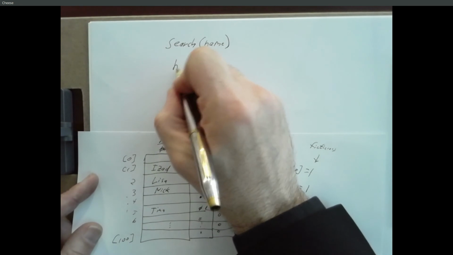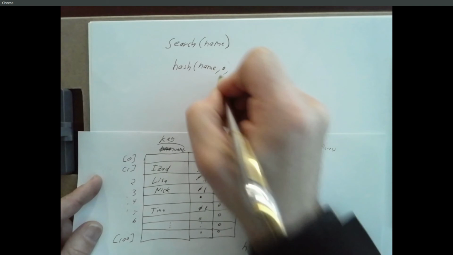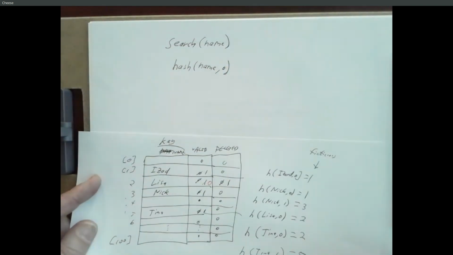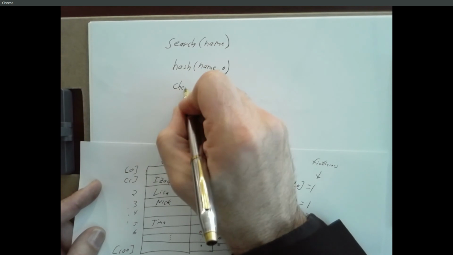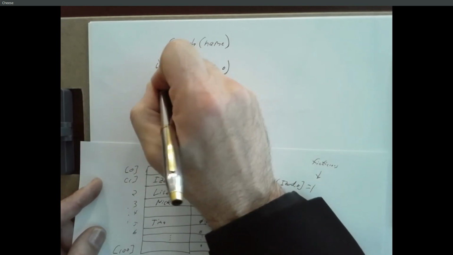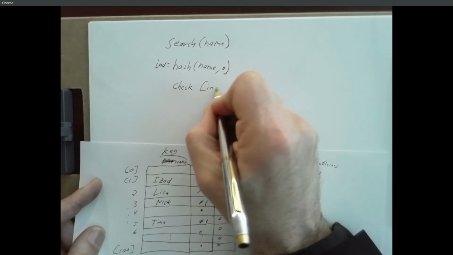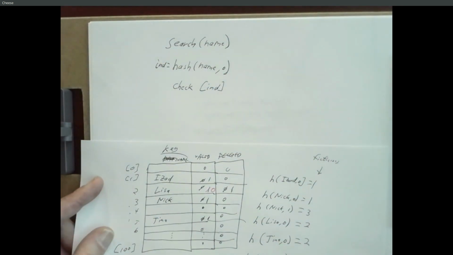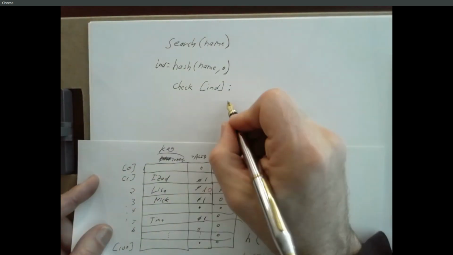So, searching for a name. Hash the name and probe number 0. We'll call that index. Check entry index in our table. There are a few possibilities.